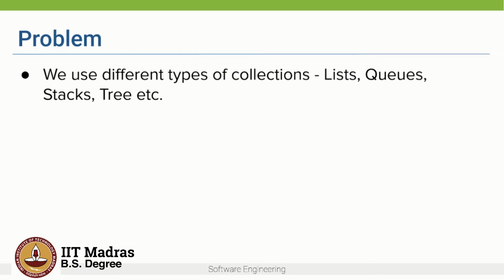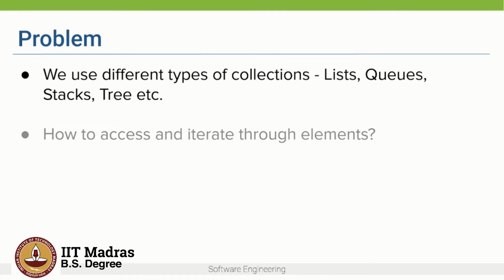We use different types of collections in our algorithms. When we store data, it can be lists, queues, stacks, and trees. A common operation which we have to do is to access as well as iterate through various elements in this collection.